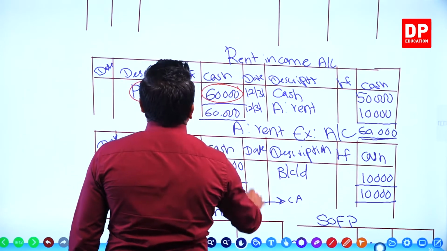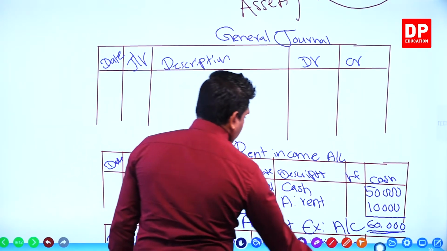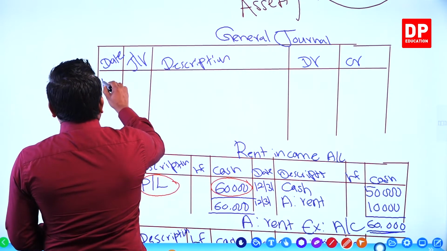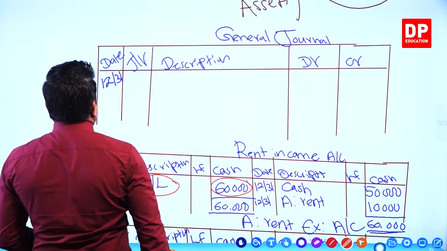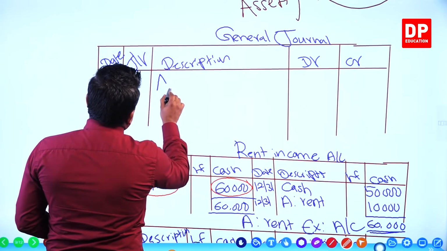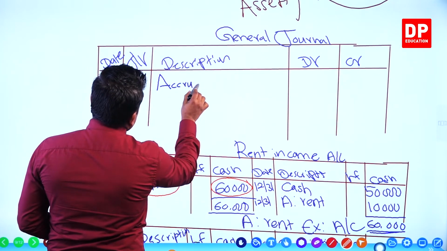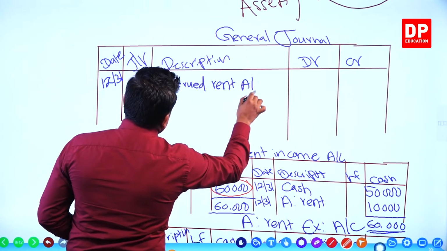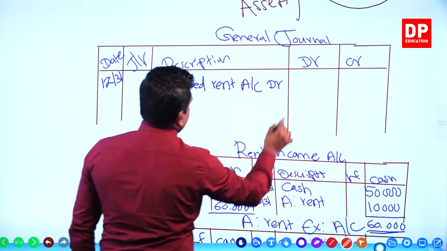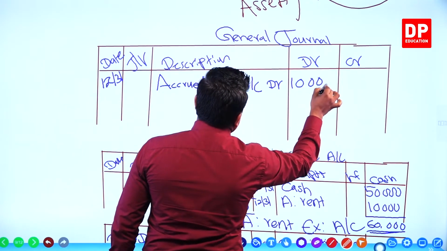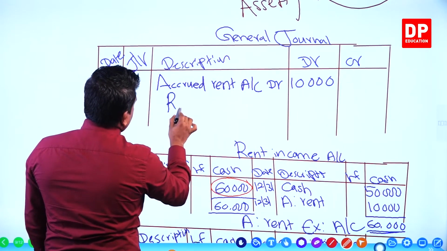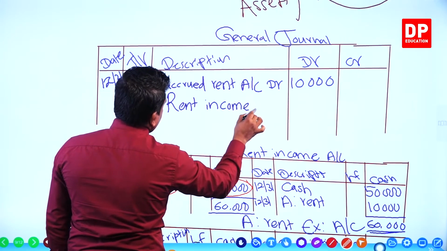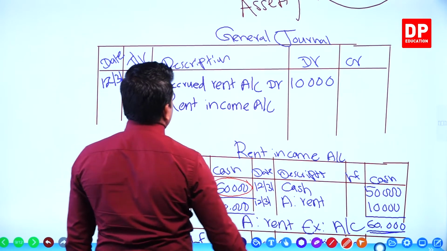General journal. Now the general journal you can see here. We enter here only the adjustment detail. It is 10,000. What is that? Accrued rent account debit 10,000. Rent income account credit 10,000.